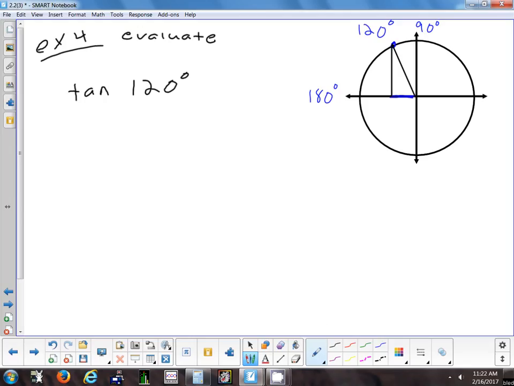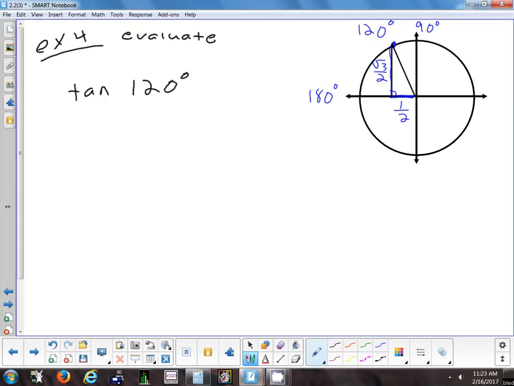And how long is the shorter side when we're dealing with a 30, 60, 90 triangle? Is it the 1/2? Yeah, that's the 1/2. And that means this is the longer side. And can somebody remind me the longer side? Square root of 3 over 2.